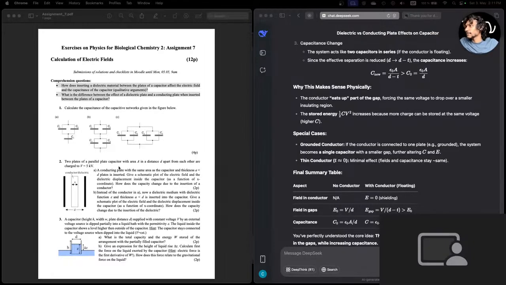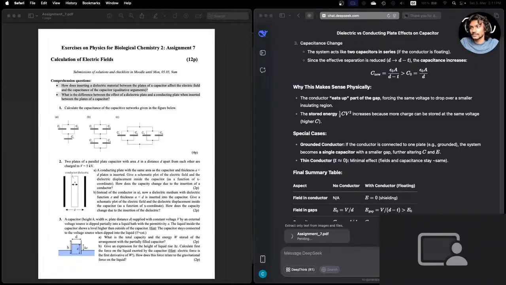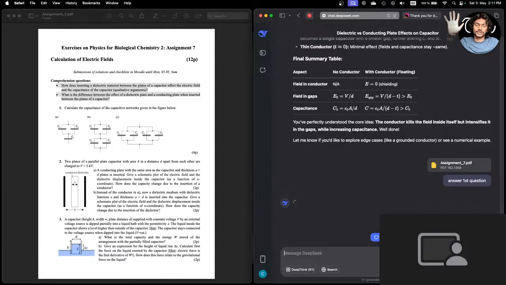The two plates of a parallel plate capacitor. Okay, I don't care. I mean, the first question I can do, but I'm testing my artificial intelligence.